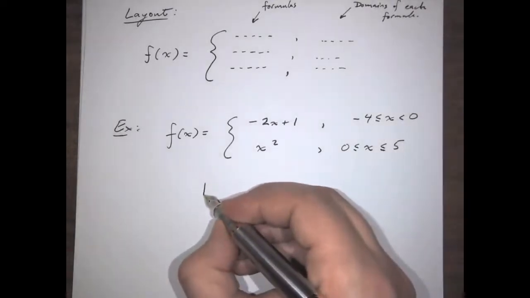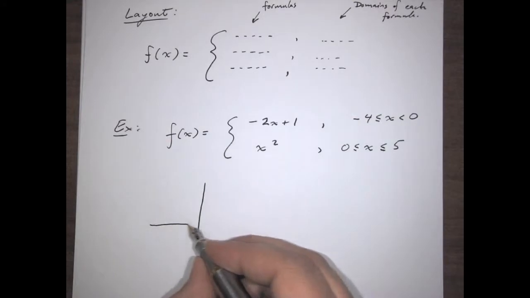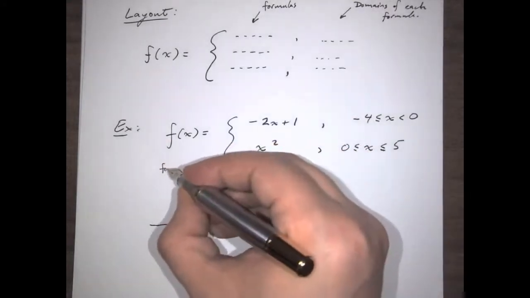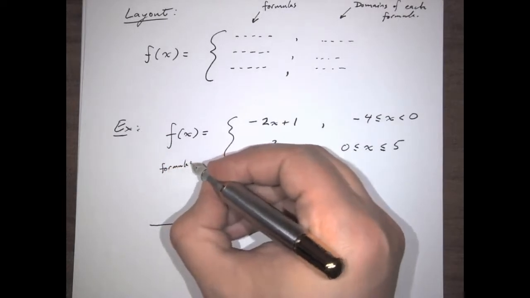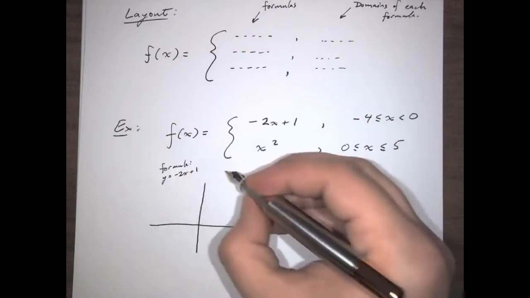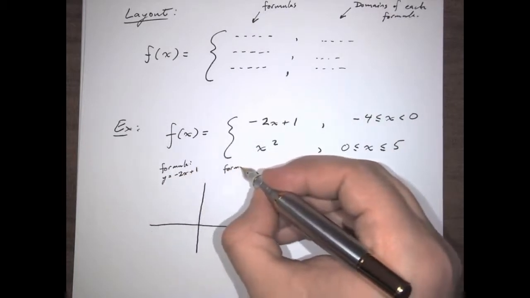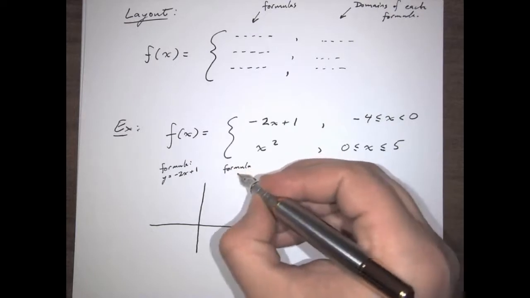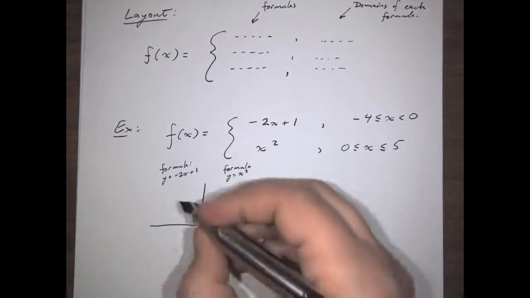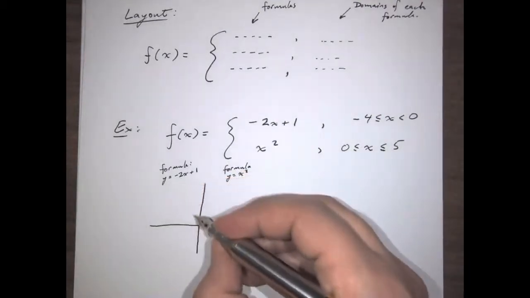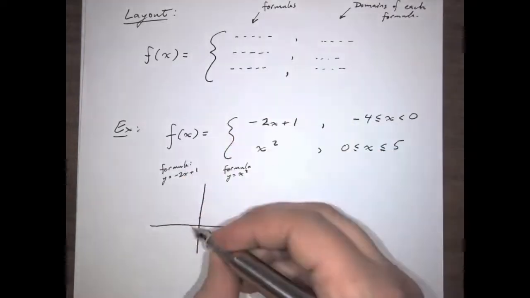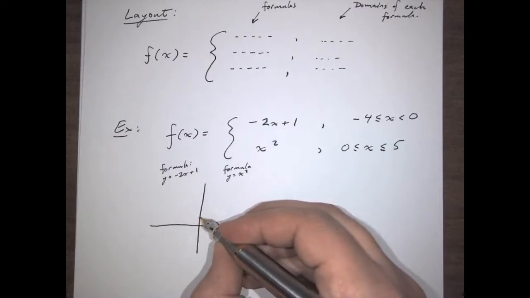And so what this would look like is as follows. Before 0, we've got the formula y equals negative 2x plus 1, and after 0, we've got the formula y equals x squared. Negative 2x plus 1 is just the equation of a line with a negative slope and a y-intercept of 1.